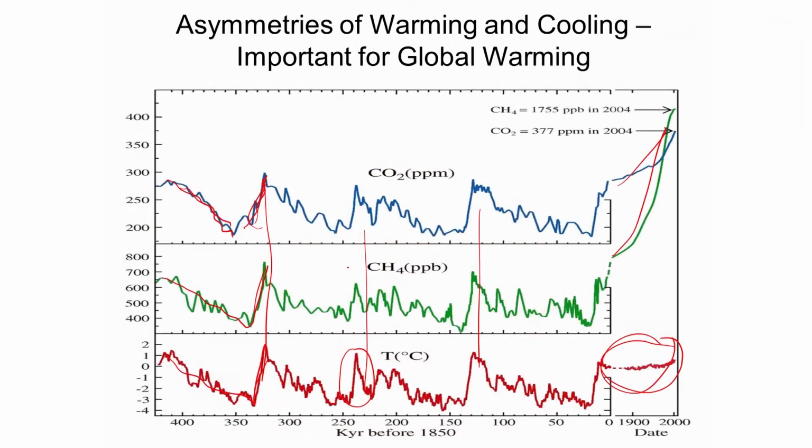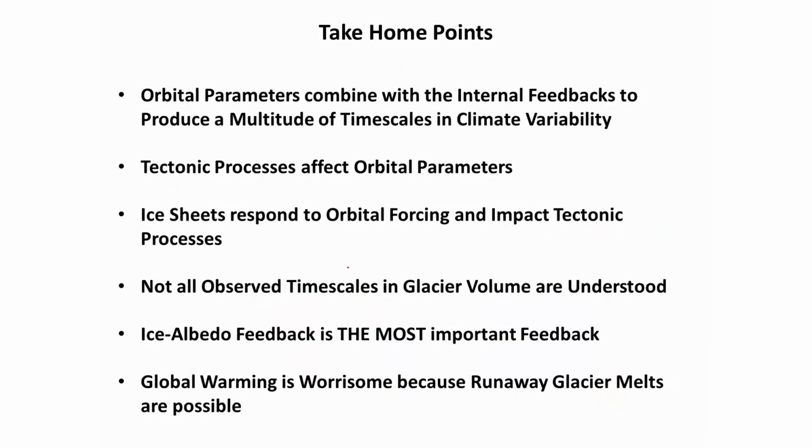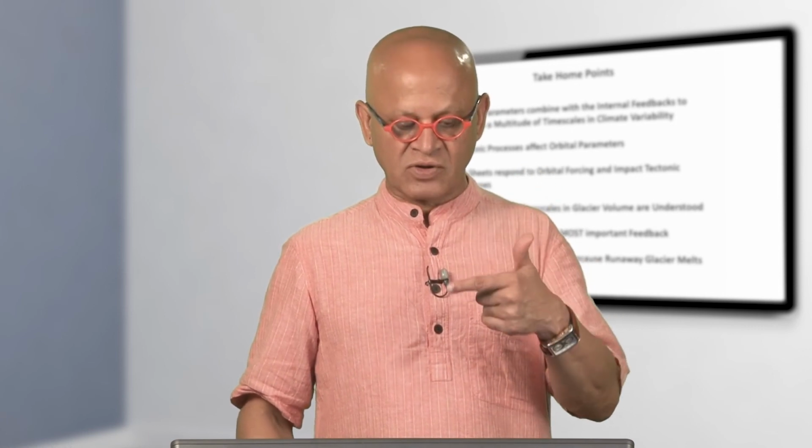And as we saw here, there are internal feedbacks which can then produce additional time scales. We haven't gone into all the details because there are many unknown factors, unknown science. The science is still advancing as to why some of these time scales exist in the observed records.